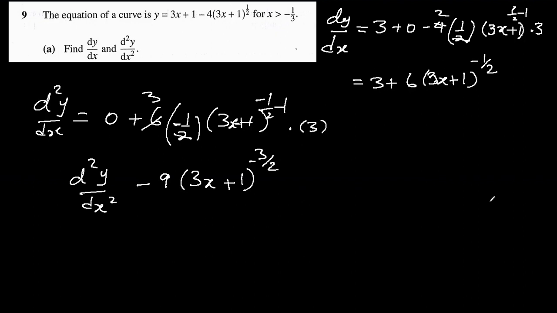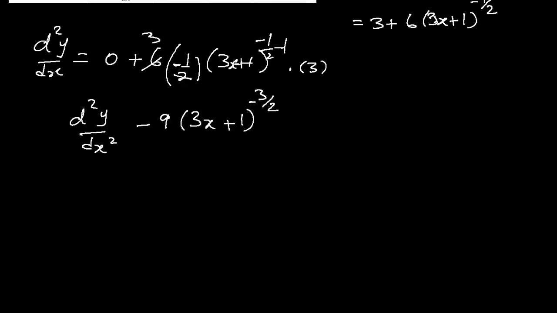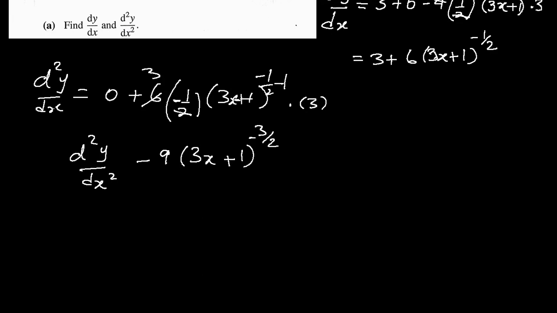derivative. Okay, let's talk about the next part, which is this. Find the coordinates of the stationary point of the curve and determine its nature. To find the stationary point, we equate the first derivative equal to 0 because it is gradient, and at stationary point the gradient is 0.